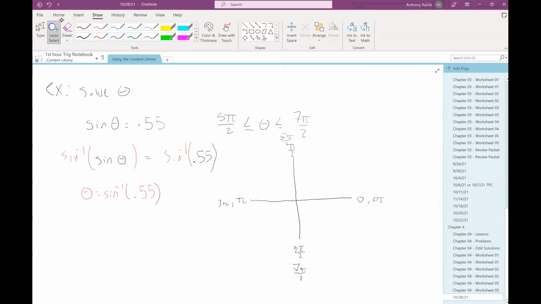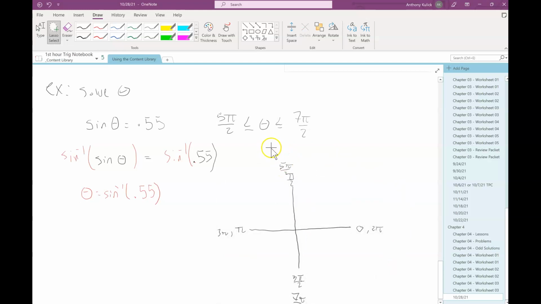Let me just make a little bit of extra space here. Is everybody okay with how I did that?